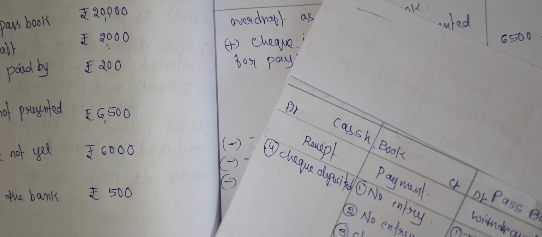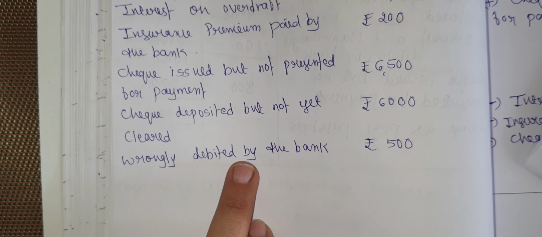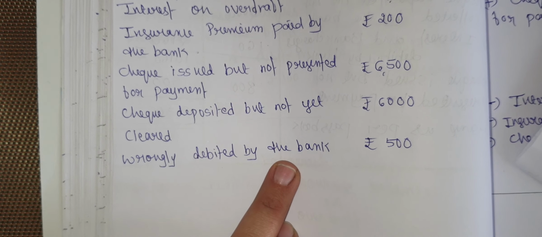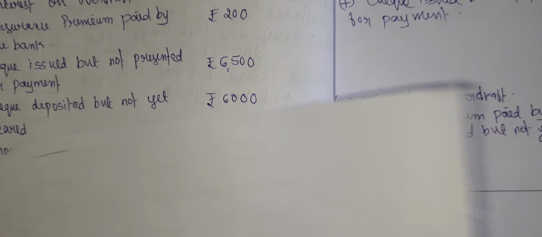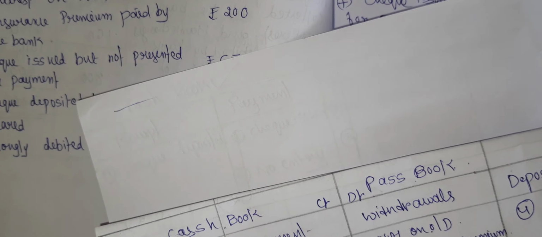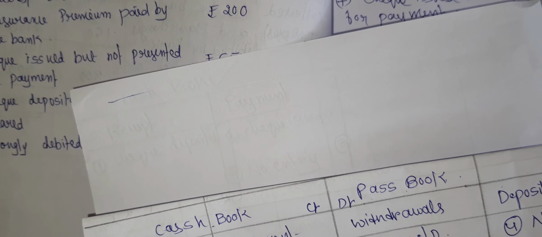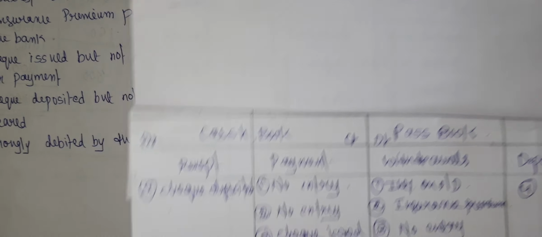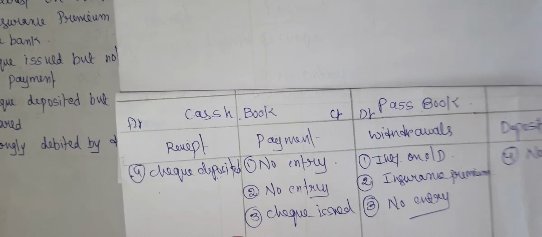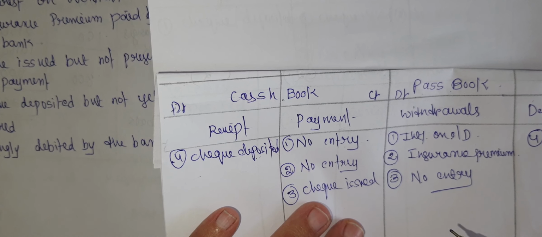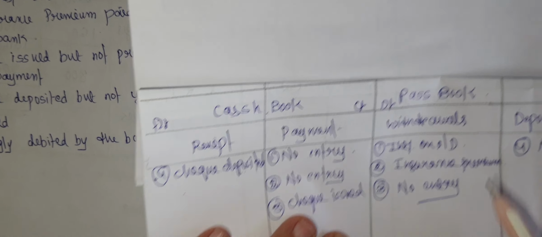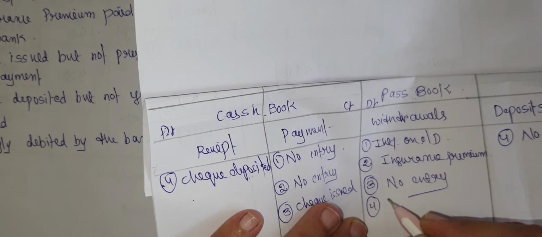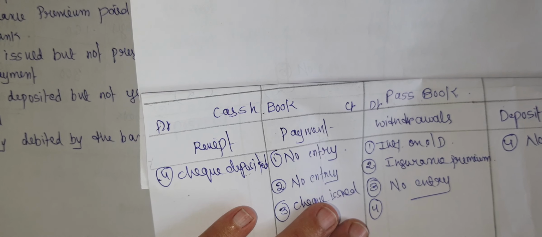Next one, third last transaction. See here, wrongly debited by the bank. First step is we have to record the transaction in the cash book and passbook. Wrongly debited, it means what? In the passbook we need to enter this transaction in the payment or withdrawal side.